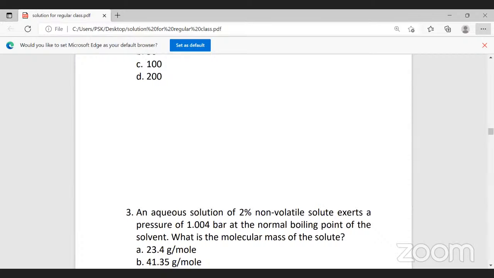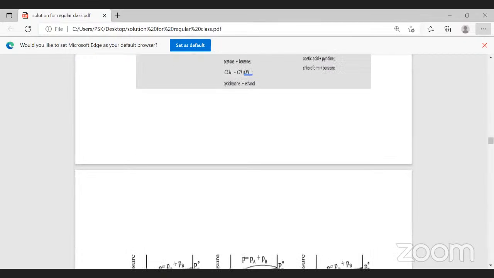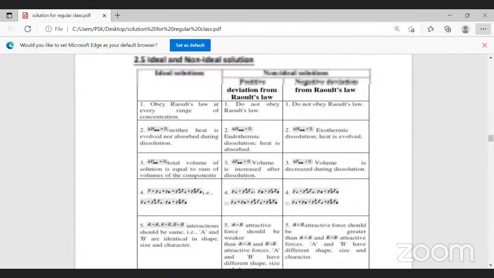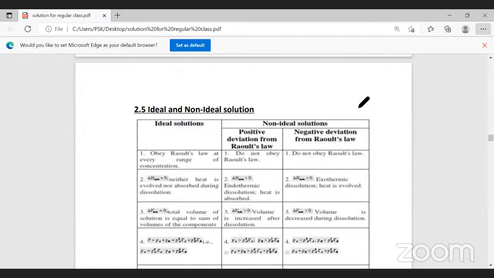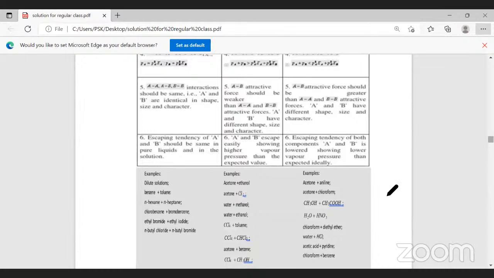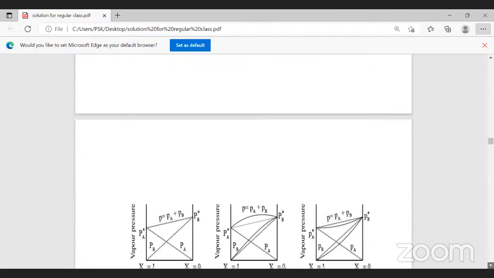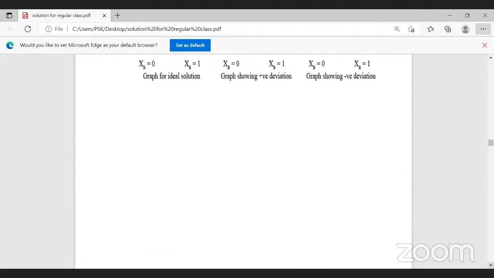We will solve some questions based on Raoult's law today. We also learned the difference between ideal solution and non-ideal solution, and that non-ideal solutions are of two types: solution showing positive deviation and solution showing negative deviation. And we learned the graphical representation of solutions showing positive deviation and negative deviation.